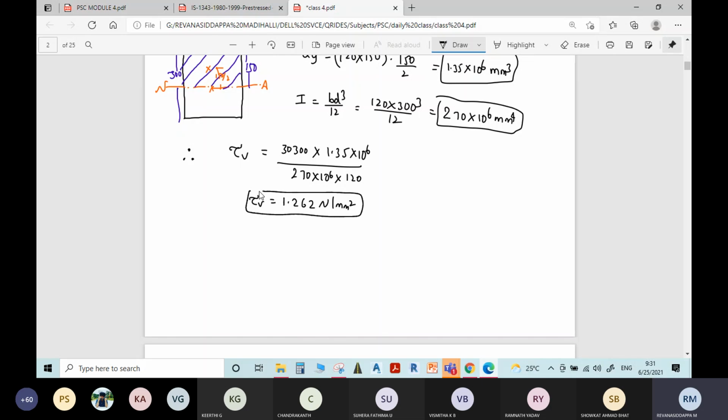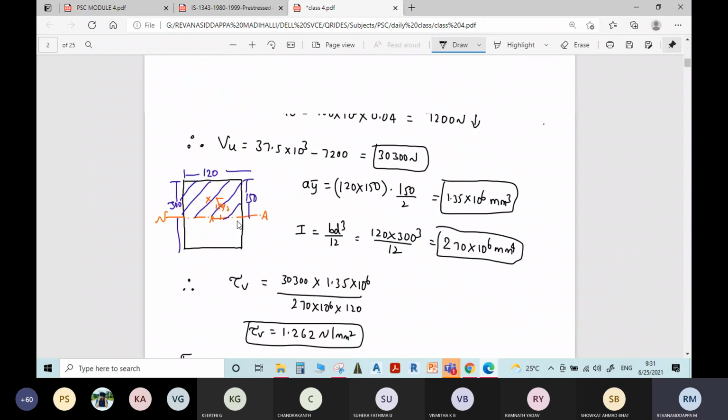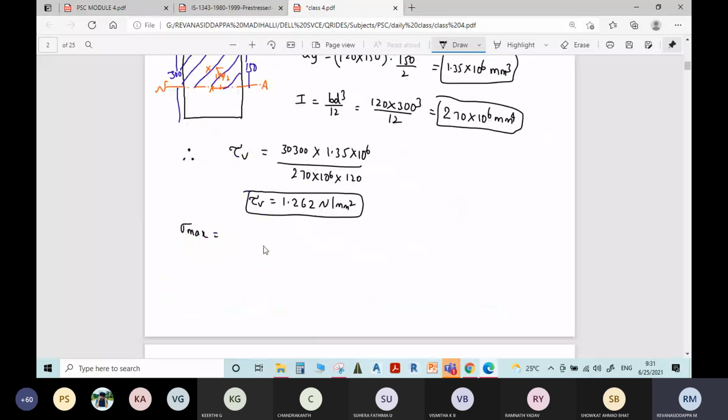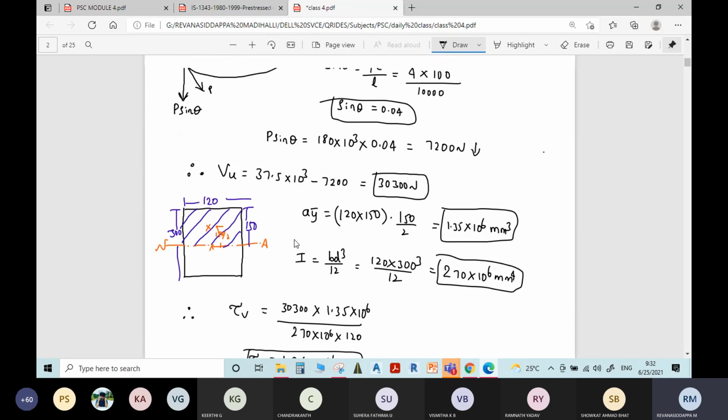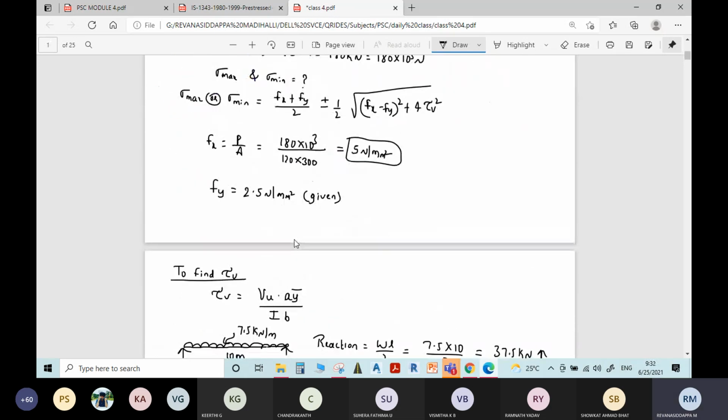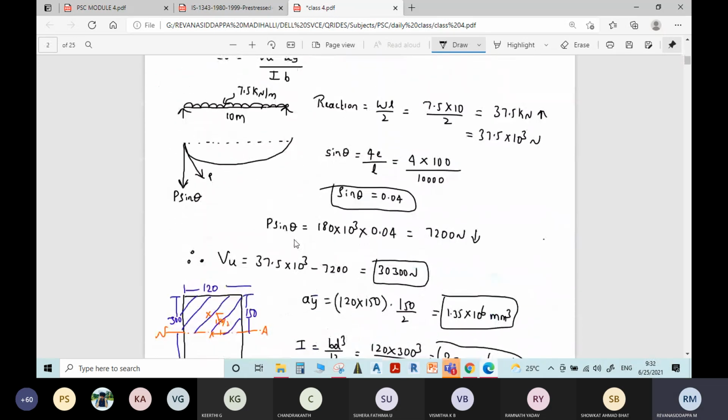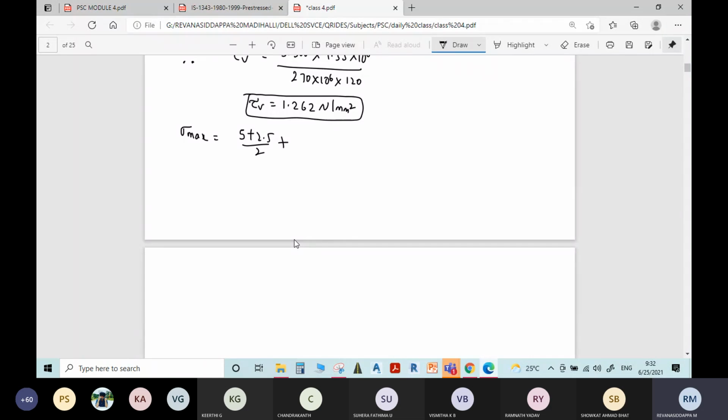Now you can calculate principal stresses. Therefore, sigma max is equal to Fx plus Fy divided by 2, that is 5 plus 2.5 divided by 2, plus half of under root Fx minus Fy whole square plus 4 tau V square.